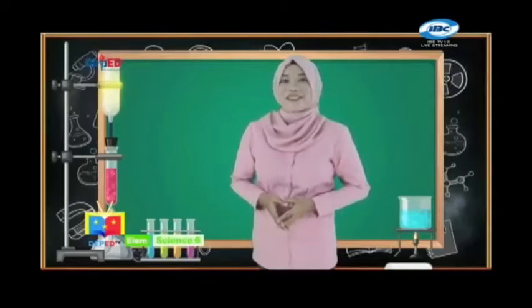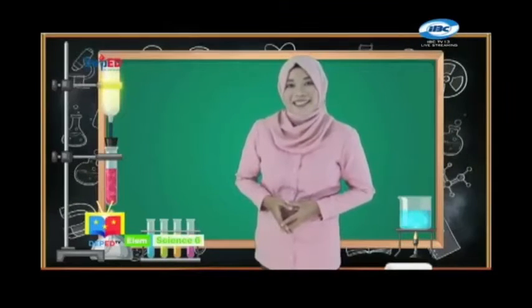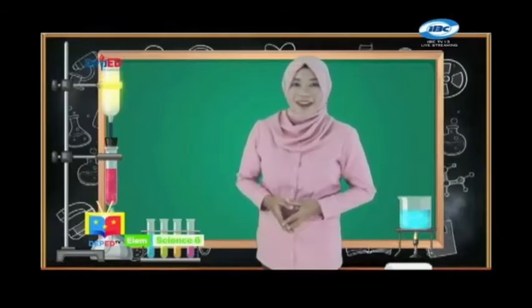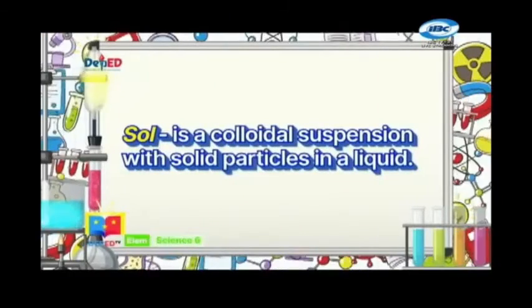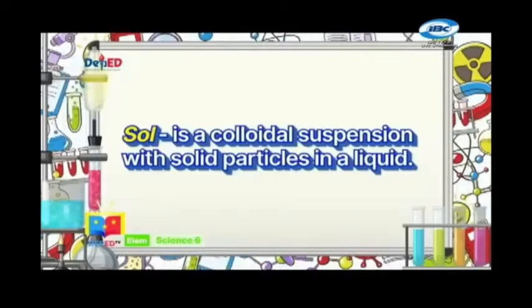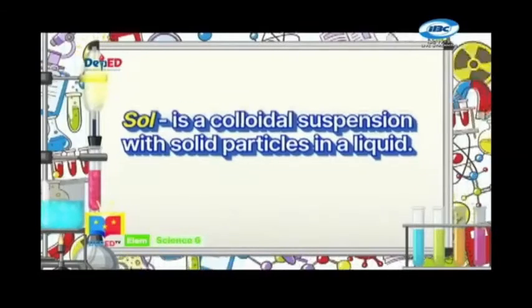A common method of classifying colloids is based on the phase of the dispersed substance and at what phase it is dispersed. The types of colloids are: Number 1. Sol is a colloidal suspension with solid particles in a liquid.